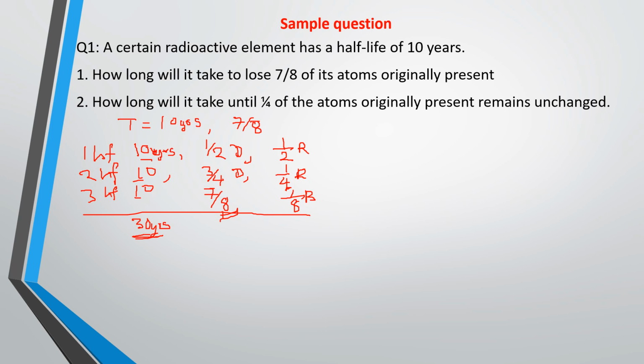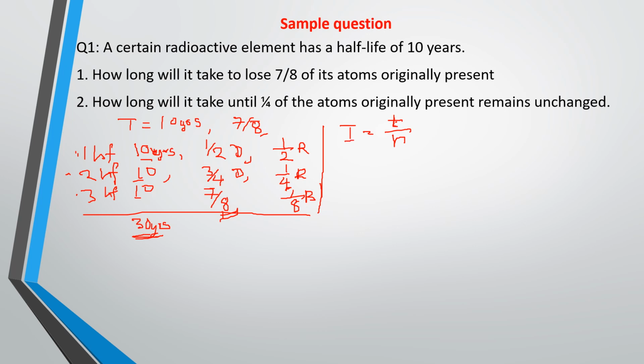Is that okay? Now, I can also solve the same problem by saying that half-life is equal to time of decay over number of half-lives. If I remember the table, for this substance to decay to 7/8, it will take 1, 2, 3 half-lives.